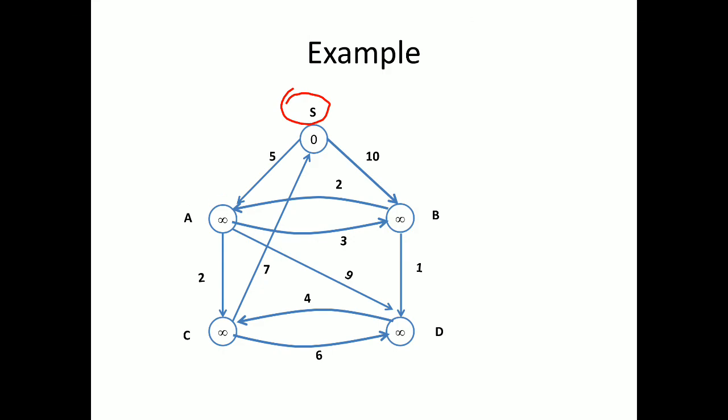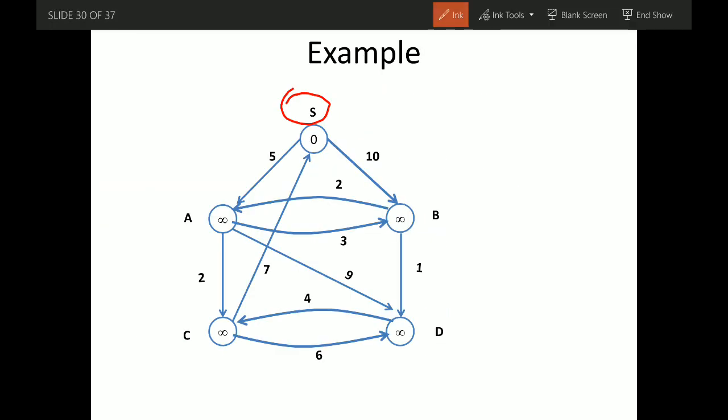After step 1, that is initialize, we have shortest path estimate for all the vertices except the source as infinity, and for the source it is 0. You can see we have written it inside the vertex. Now we create a queue for all the vertices based on the path estimate. The shortest path estimate of vertex S is minimum, that is 0, and all other vertices have the same value, infinity.